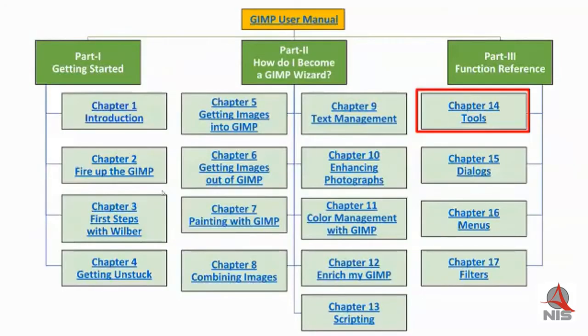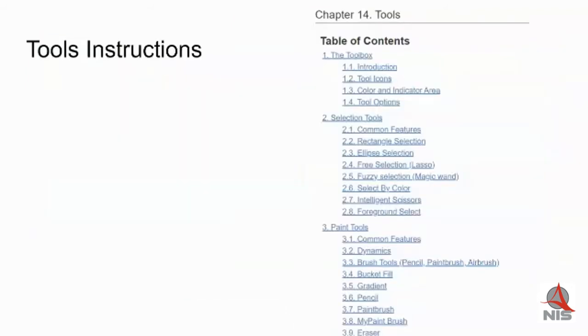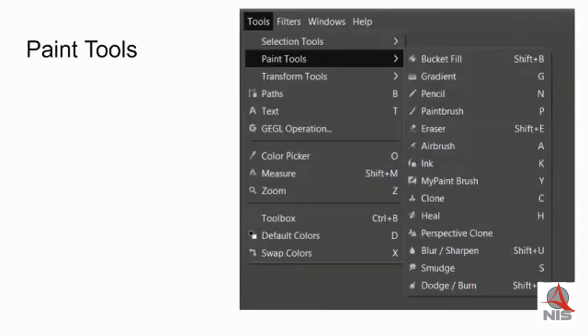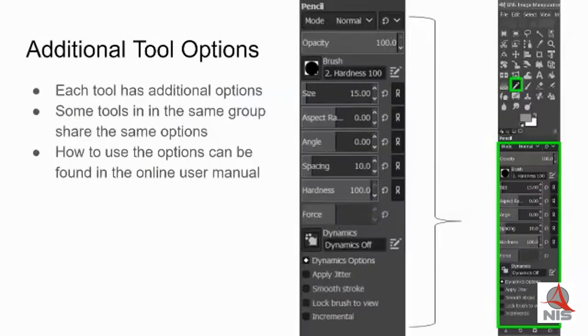Just like with the menus, chapter 14 in the online GIMP user's manual has a chapter on tools. It'll tell you all about it. You just click on it and it'll take you to the table of contents. You can also select the tools by selecting the Tools menu and then clicking on what you're looking for. There are selection tools, paint tools, transform tools.